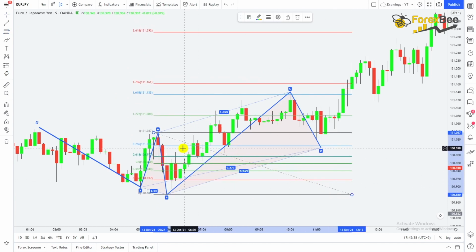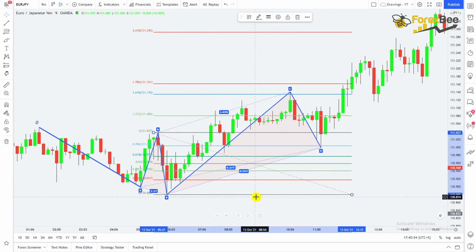Our third rule said that BC wave must be between 1.618 to 2.24. So this here is just above 1.618 and it is definitely below 2.24. So this BC wave is between the retracement of 1.618 to 2.24 of AB wave. So our third rule is also fulfilled.